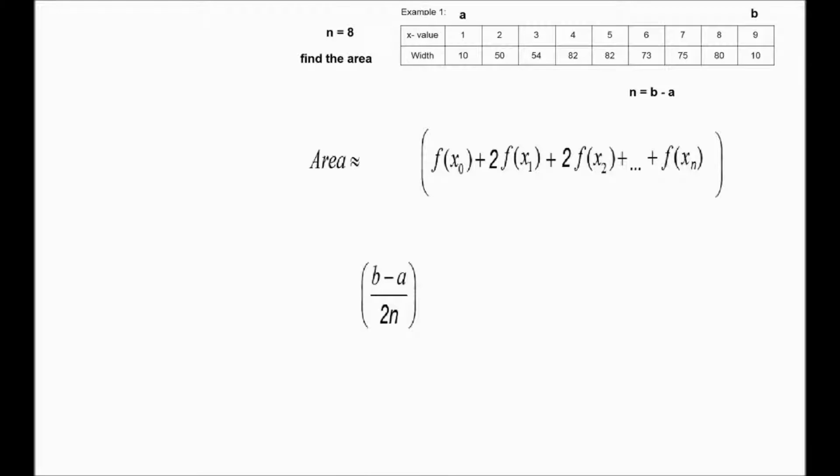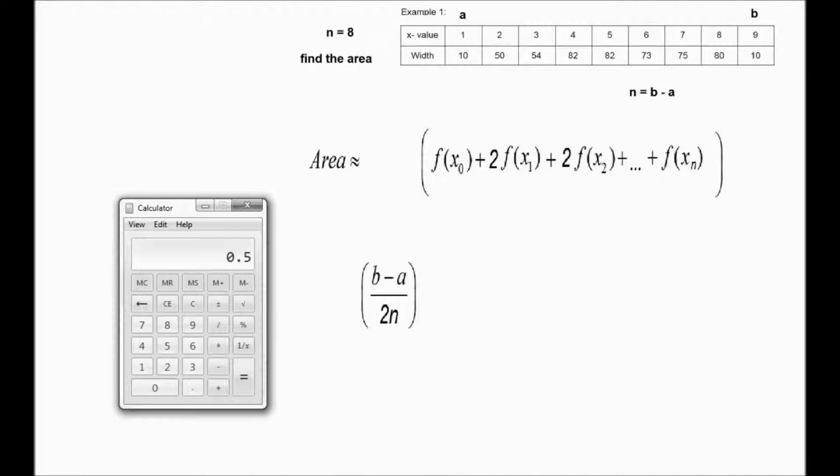With that information, we can then move on to the next part, finding the value of the larger sum. So we need to add once the first y value, plus 2 times every value after that until we get to value 9.